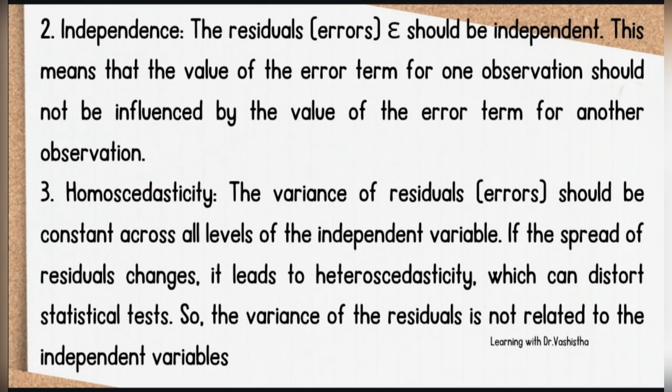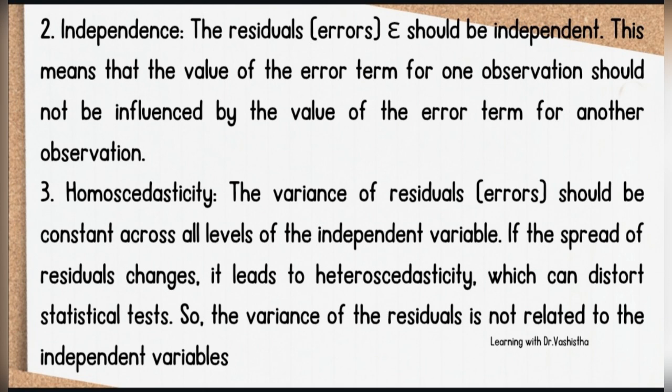The second one is independence. It says that the residuals, the errors, the term E, should be independent, which means that the value of the error term for one observation should not be influenced by the value of the error term for another observation, or it will become a biased observation, which will lead to so much error.